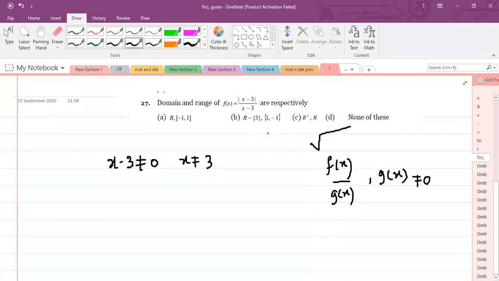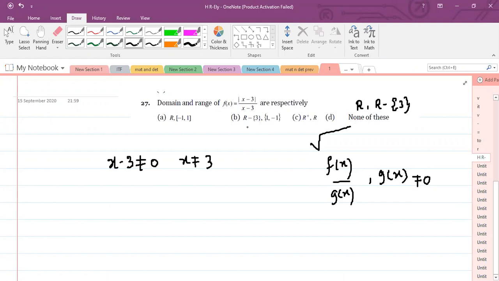But here, since none of these options is R minus 3, you should not immediately consider option B. If option D was something like R comma R minus singleton 3, you could have gone for option B, because R minus singleton 3 was only in option B. But here none of these options is there. Therefore, you need to check the range also.